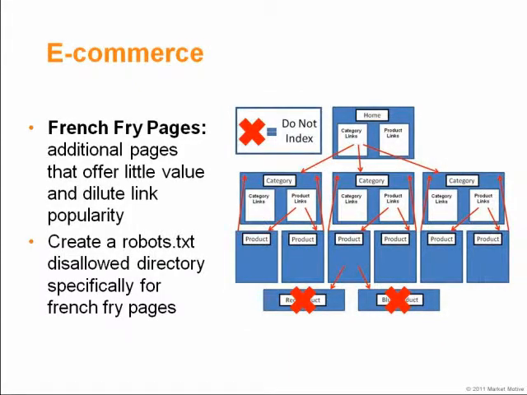You might have a black one, a blue one, a red one, a green one, a polka dotted one, and you don't want all of those in the search engine index. Okay. Because those are really diluting your link popularity. If you have your BlackBerries, and then after your BlackBerries you're linking to all those 10 BlackBerry covers, all of a sudden you have 10 more pages that don't really necessarily need to be in there. So we call those the French fry pages because we don't want those getting indexed by the search engines.